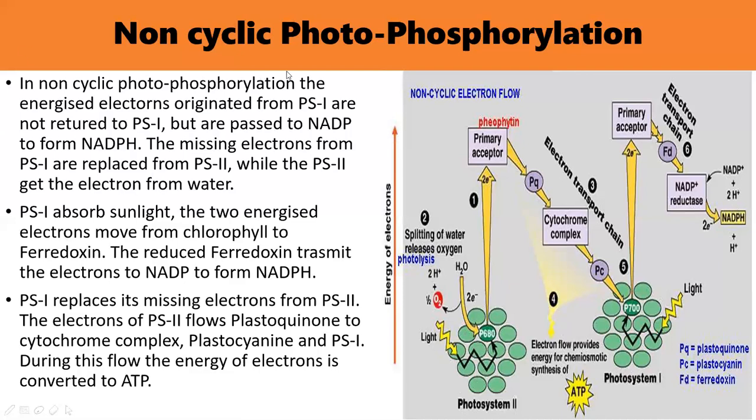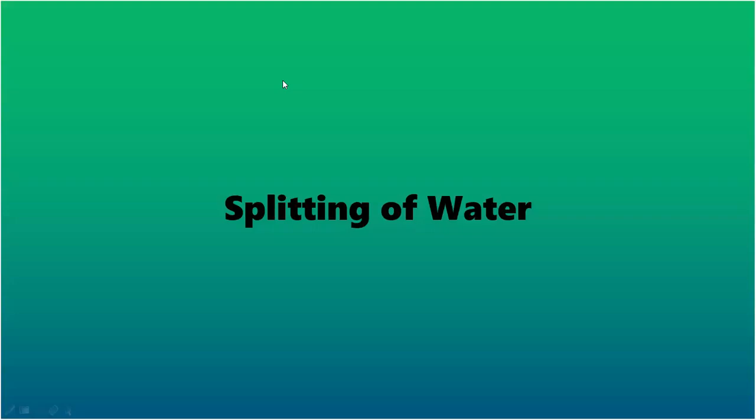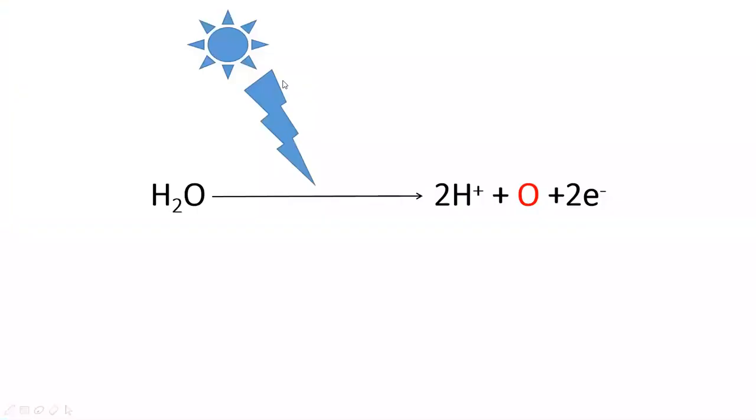For more information, you can read this matter, and here you can see splitting of water. In the presence of sunlight, the water molecule splits into protons, electrons, and oxygen molecule. Generally, this oxygen molecule is always in the form of O2.